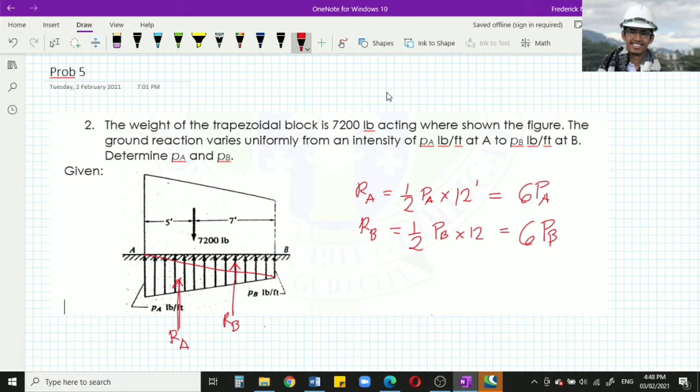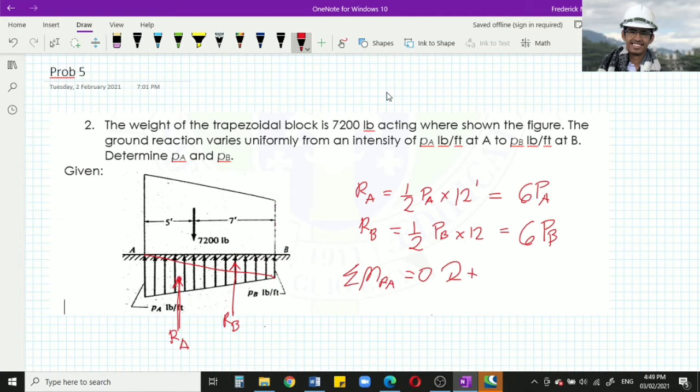Yung 6PA natin in terms of RB, makukuha na natin yung intensity ng PB. Okay? So, pwede tayong mag-moment at point ng RA. So, summation moment at point RA is equal to 0. Clockwise, positive. So, dito tayo mag-moment.